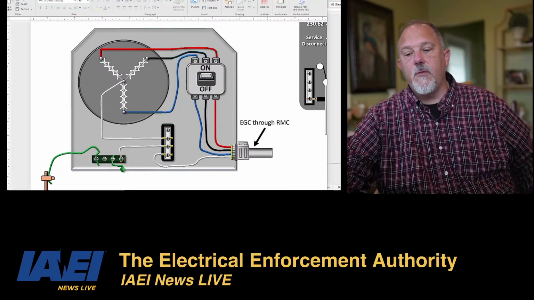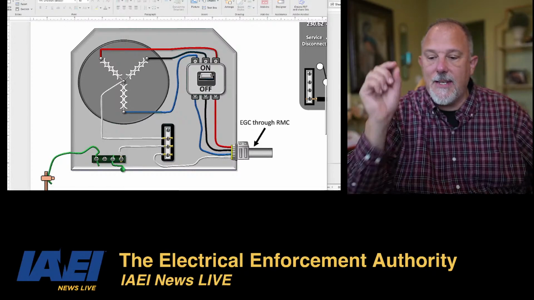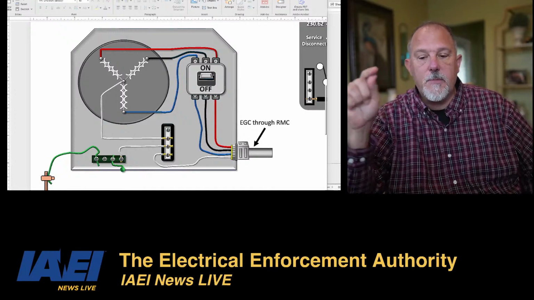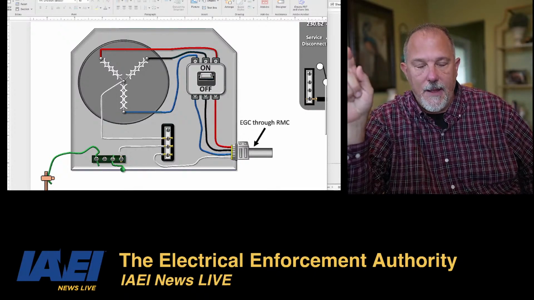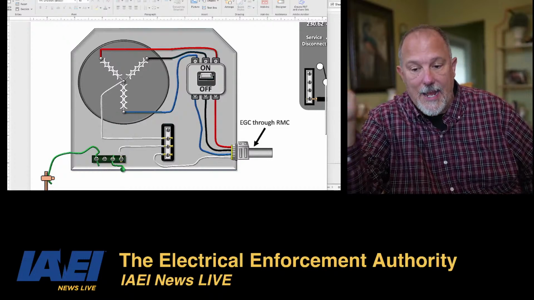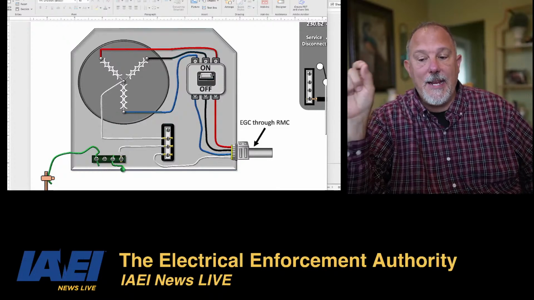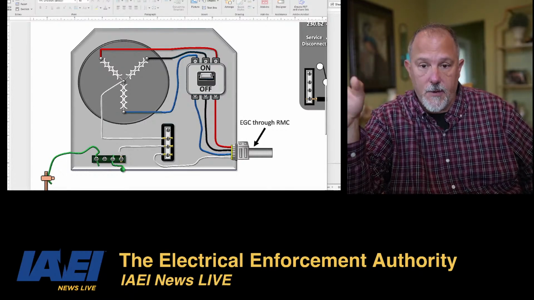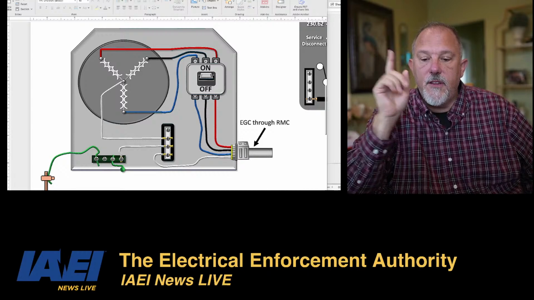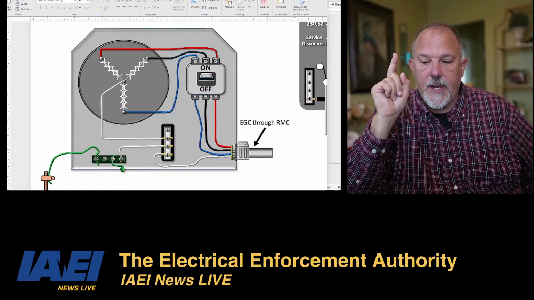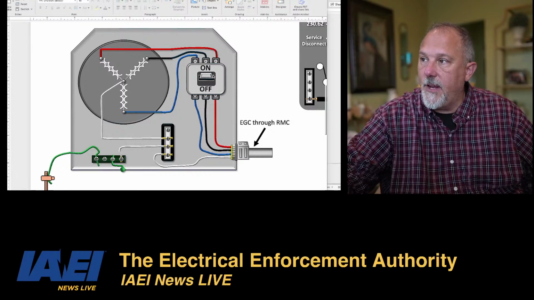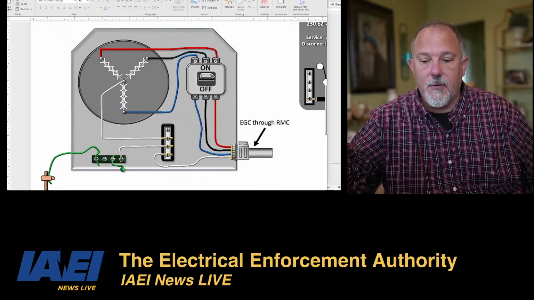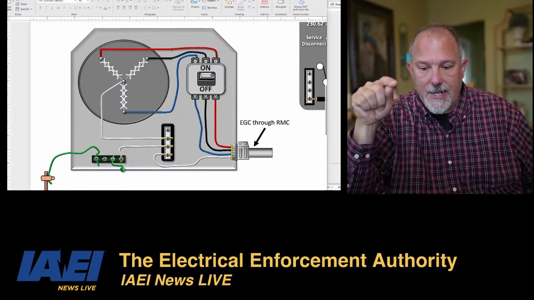The system bonding jumper shall remain with the enclosure. I'm reading in A1, system bonding jumper. It has to be made at any single point on a separately derived system from the source, which is the generator, to the first disconnecting means or overcurrent device, which is the generator breaker, or at the source of a separately derived system that has no disconnecting means or overcurrent device.